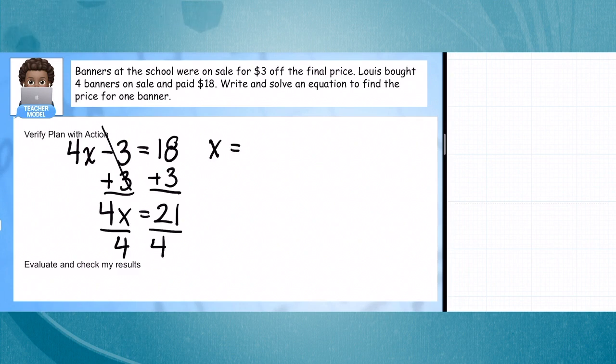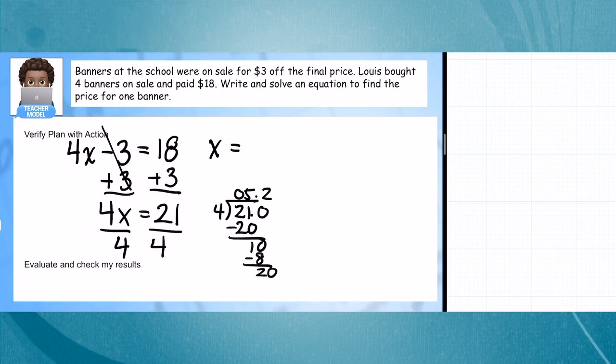So x is equal to 21 divided by 4 is 5. Putting in a decimal and a 0. 4 goes into 10 twice. And 4 goes into 25. So each banner was $5.25.